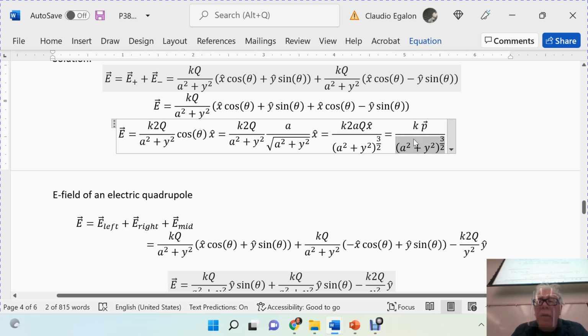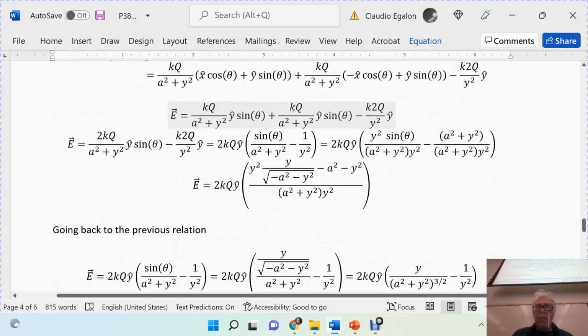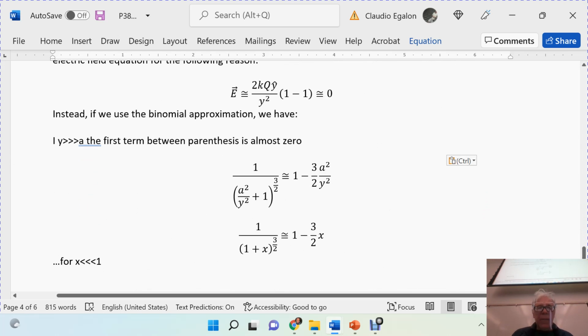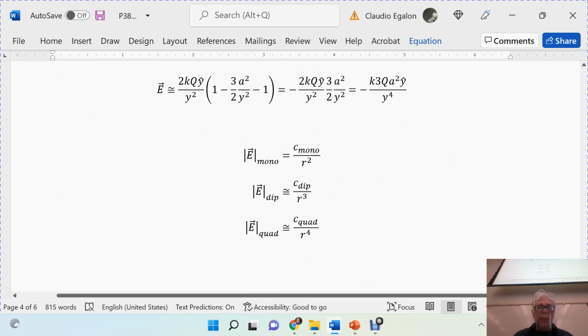A square plus r square is r square at large distances. The r square raised to 3/2 power becomes r to the cube. I didn't do the approximation here, but if you do the approximation, that's what you get. Got the idea? So it's a pattern that we have.